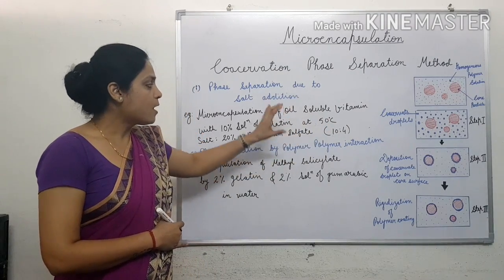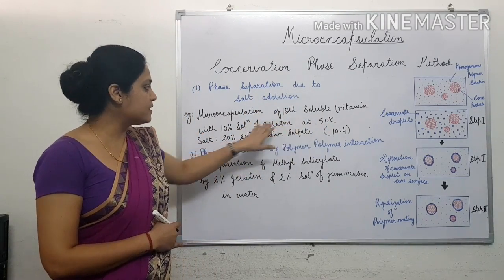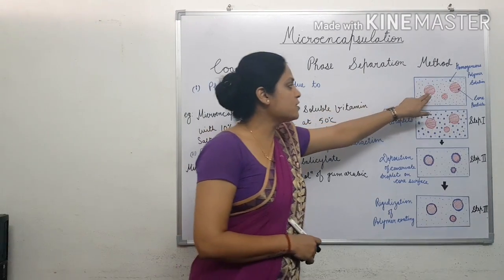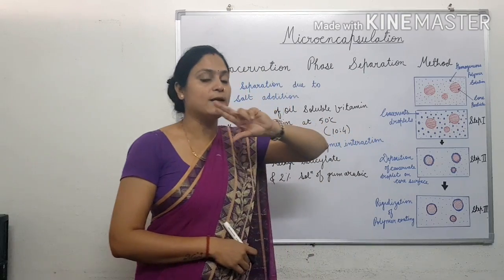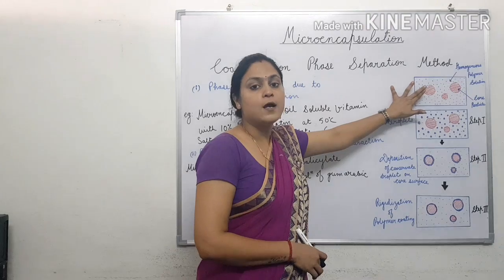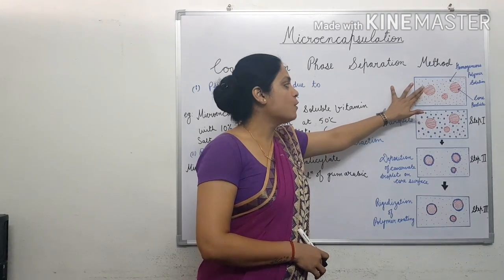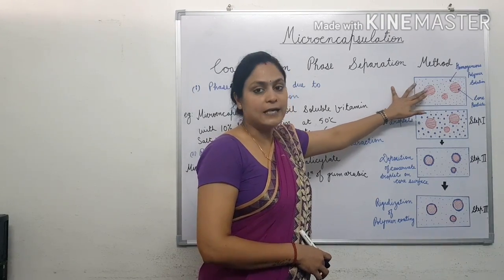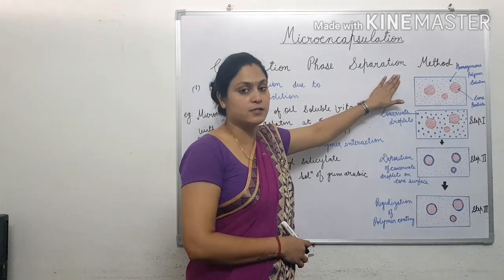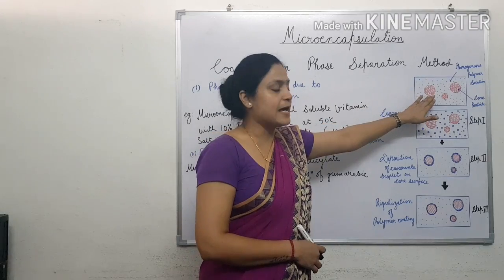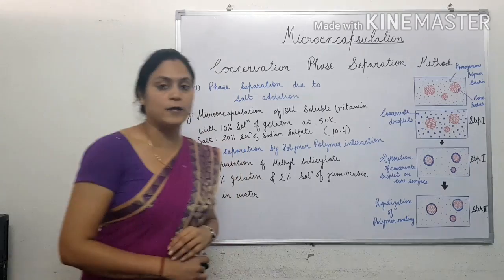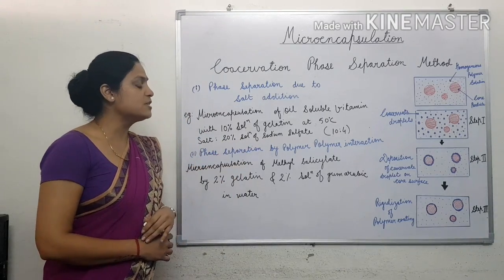An emulsion is formed in which the core phase is the emulsified droplets of oil-soluble vitamin, emulsified in 10% gelatin. So it results in the formation of an oil in water emulsion. The dispersed phase acts as the core phase and the dispersion medium contains the coating polymer, which is here 10% gelatin.